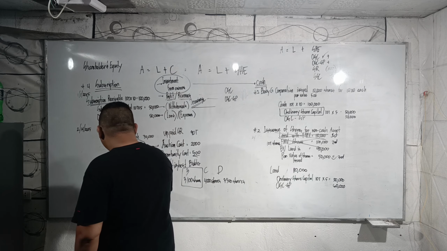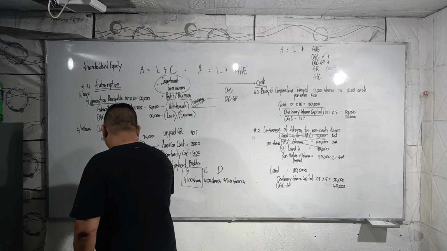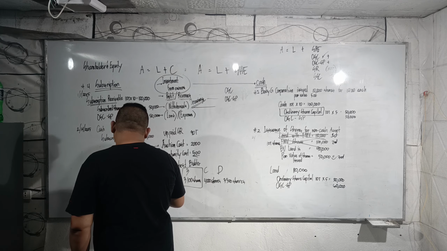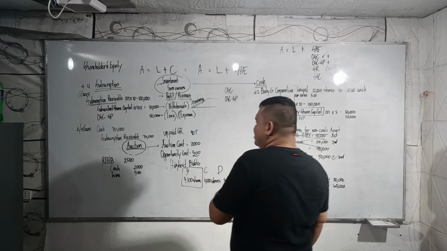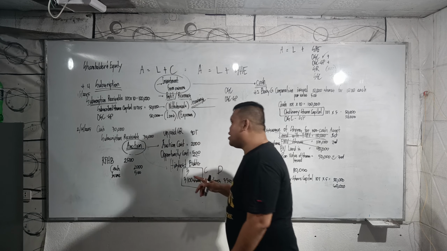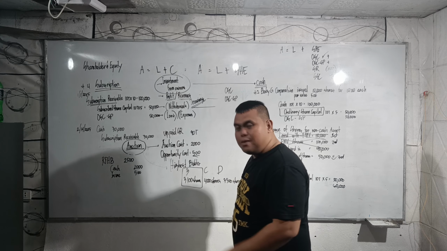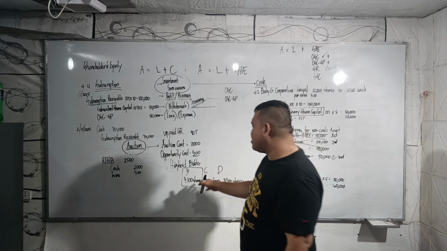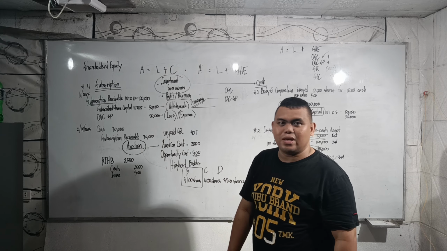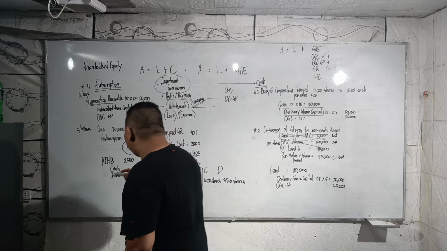And then credit cash for the auction cost, 2,000, and income of 500 for the opportunity cost. That means you still recognize income even though it did not materialize because of the late paying of Mr. A. However, it will become an income because it will be shouldered by the highest bidder.